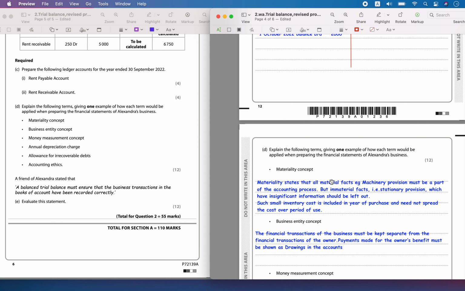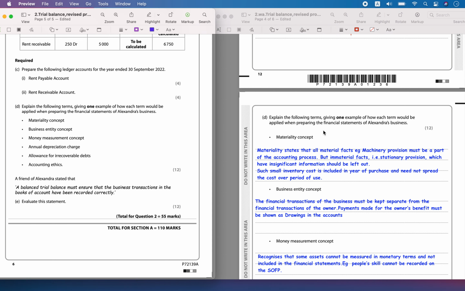Now, materiality concept. Materiality concept states that all the material facts must be included. Example, if I want a machinery provision, it must be included as a part of the accounting process.